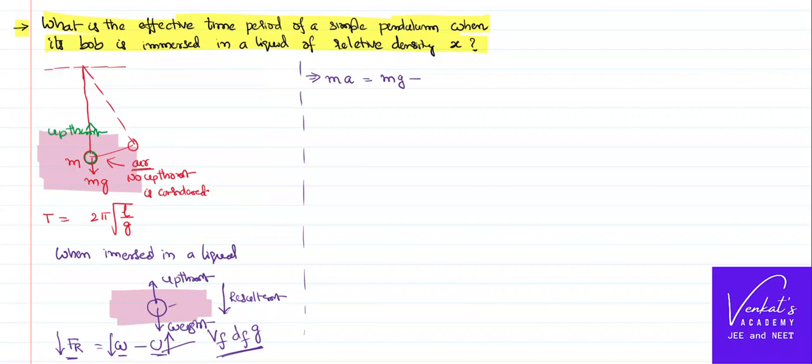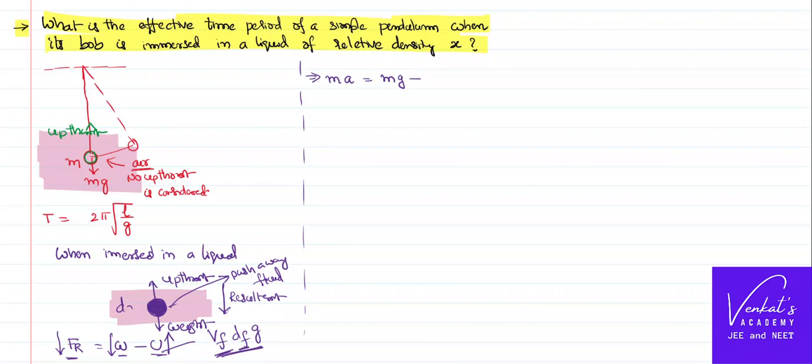As there is a spherical bob, when you place it in a fluid, this spherical bob, to occupy its space, has to push away some fluid. So some fluid is displaced. That's called the volume of the fluid displaced.